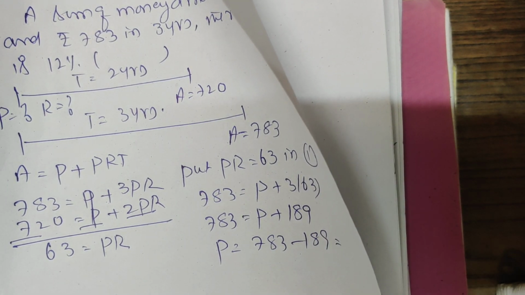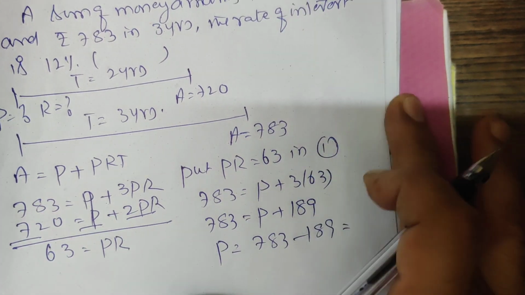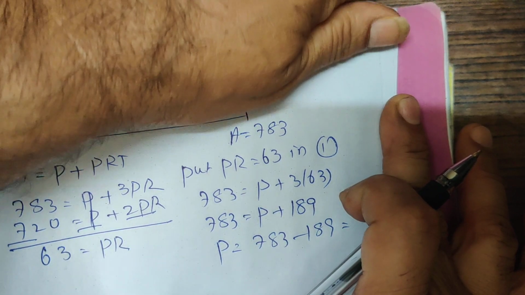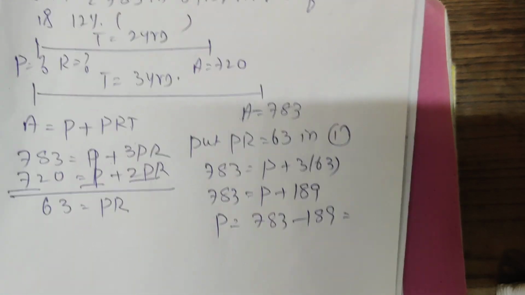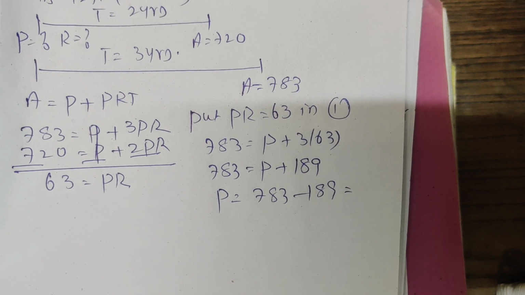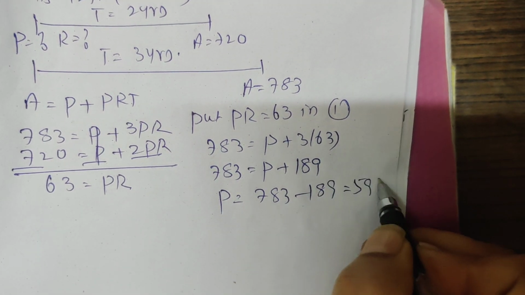This is 783 minus 189. 783 minus 189 is equal to 594.